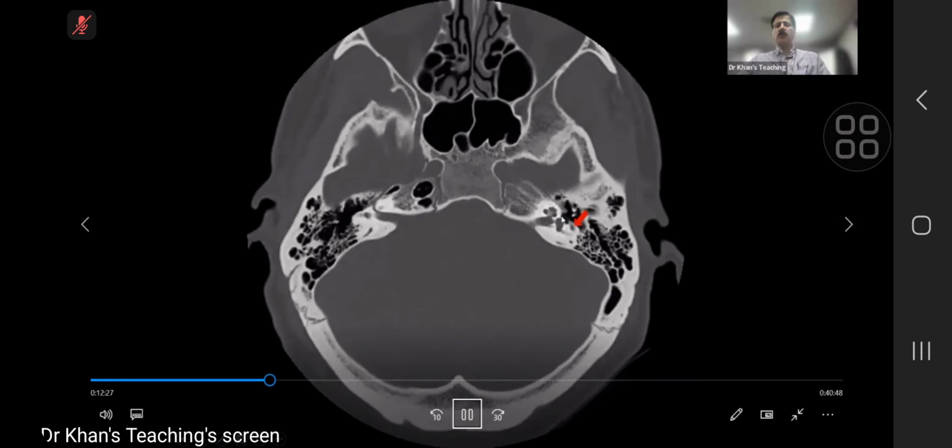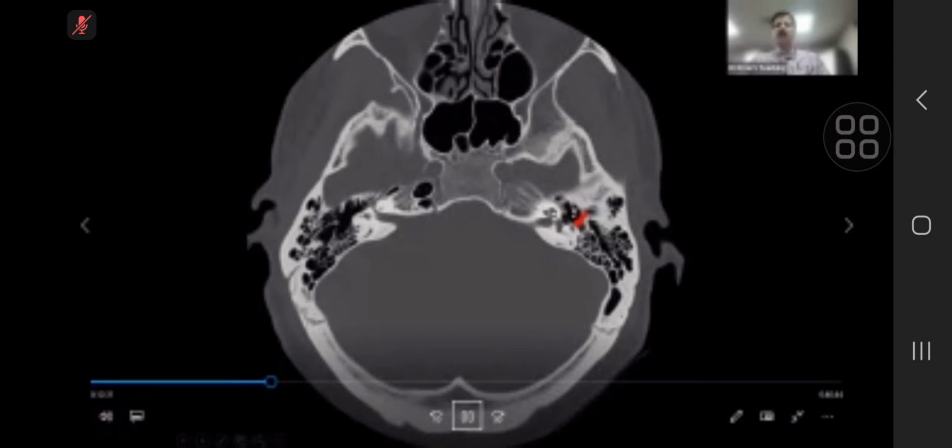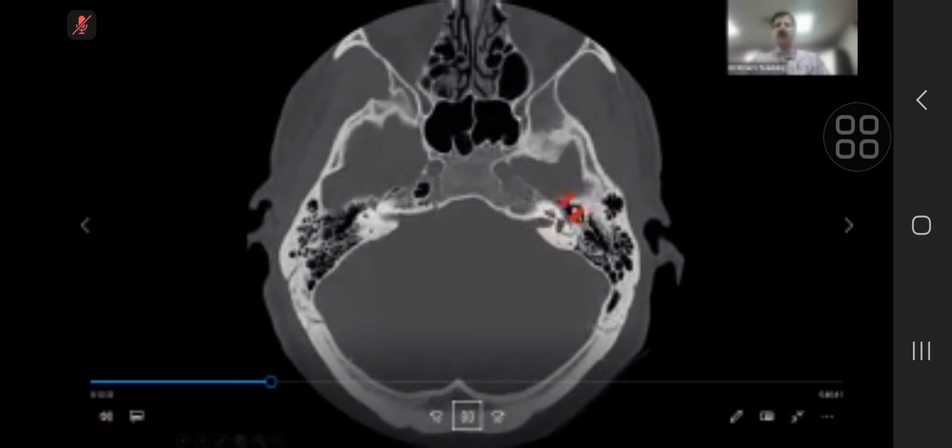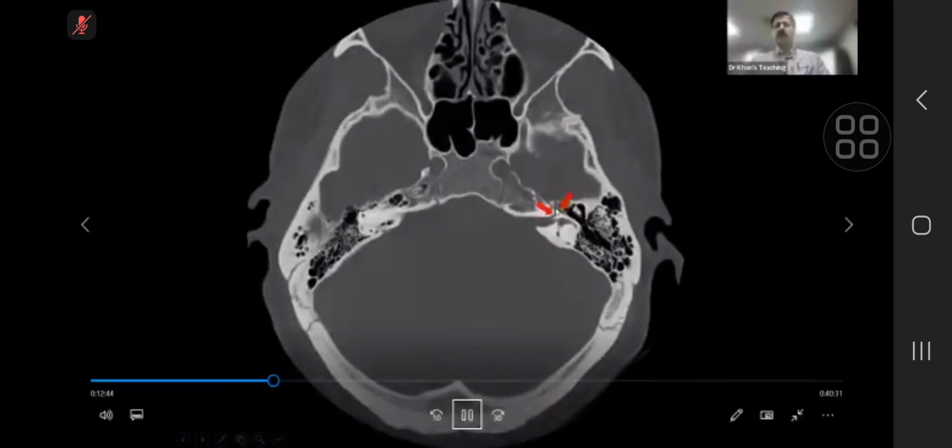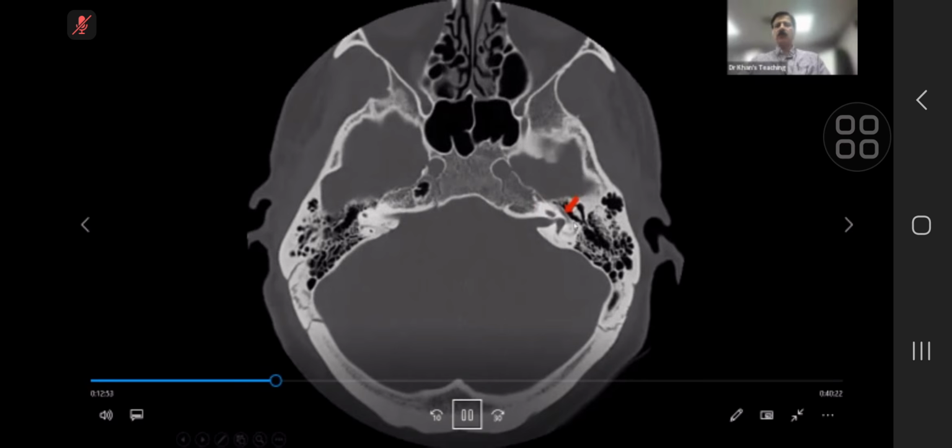The exercise we are doing right now is to trace the facial nerve. This is the cochlea. I'm going superior to that, and you can see there is a canal here. This is the labyrinthine portion, and it goes here, and this must be the geniculate ganglion. Then you can see that something goes posteriorly. This is the tympanic portion, going posteriorly.